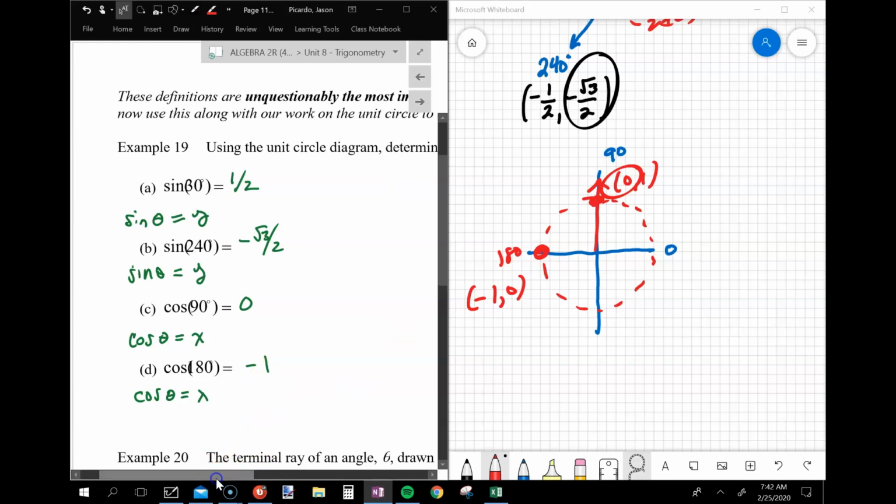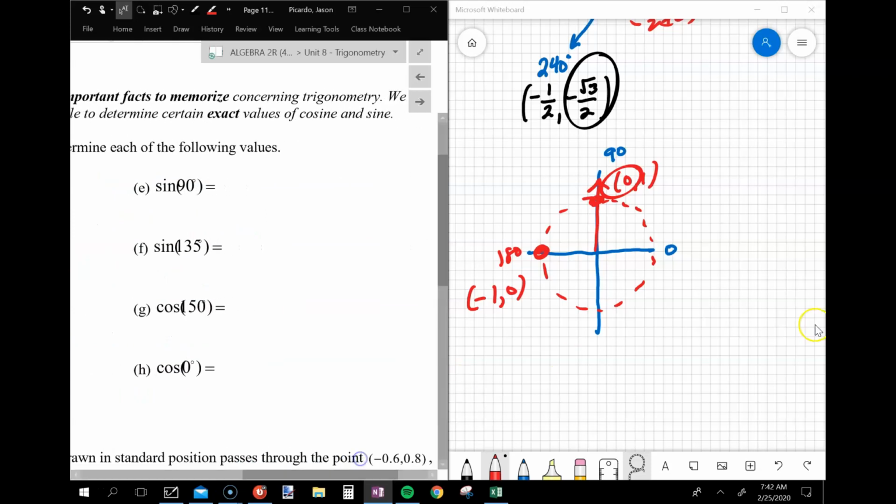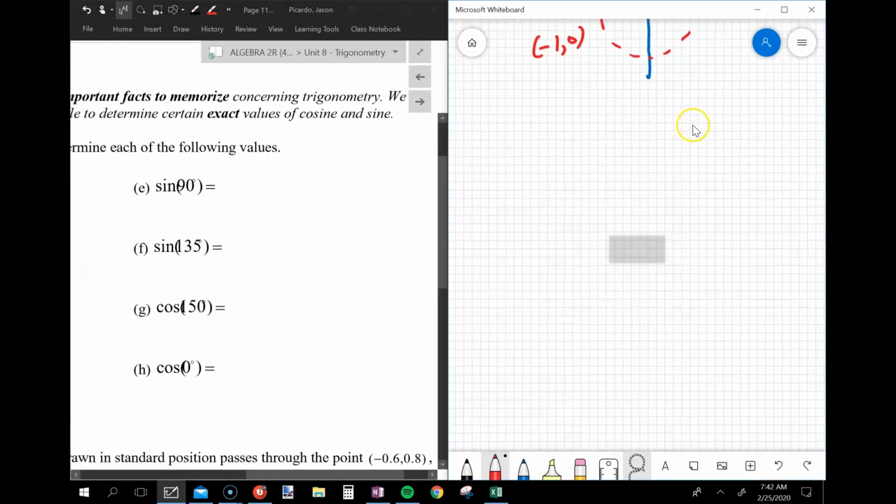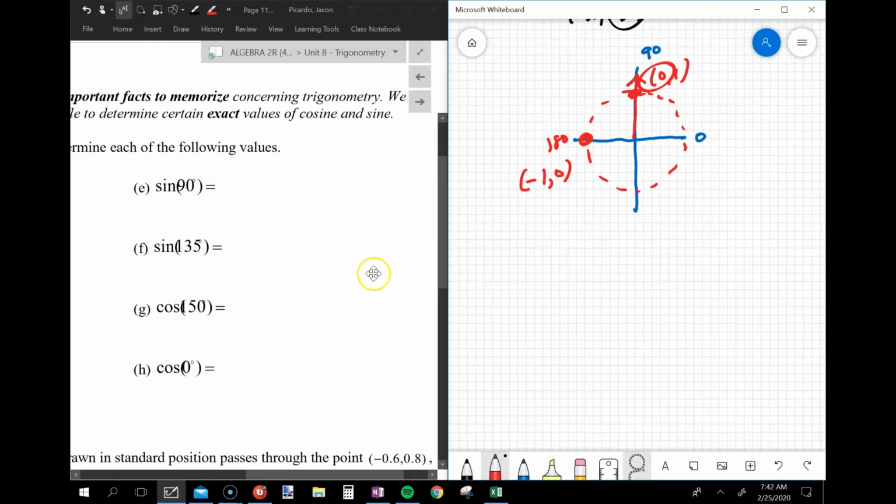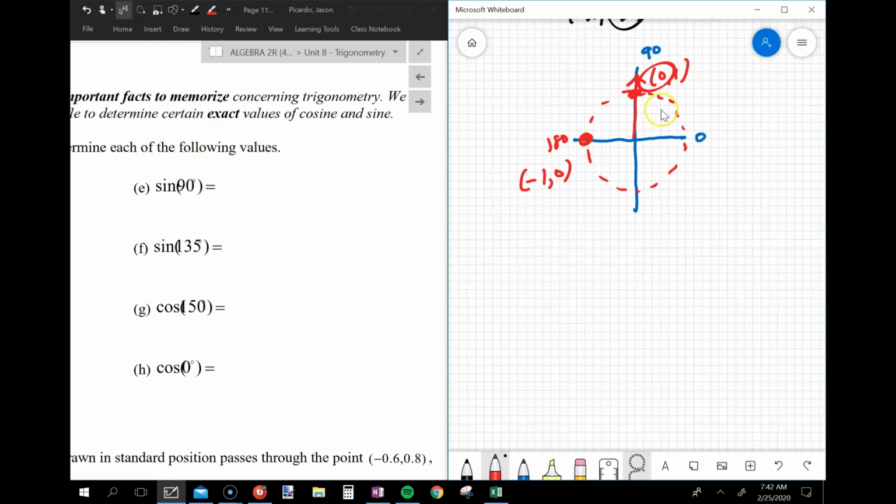All right, let's go over here. Oh, hey, check it out. Sine of 90. Do I need another picture for that? No, 90 is right here, correct? Which of these values is sine, x or y? The y value. So what's the y value? 1, right?